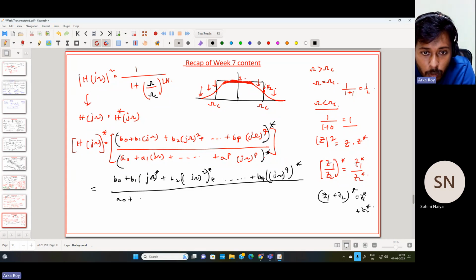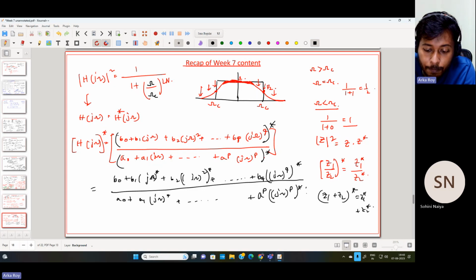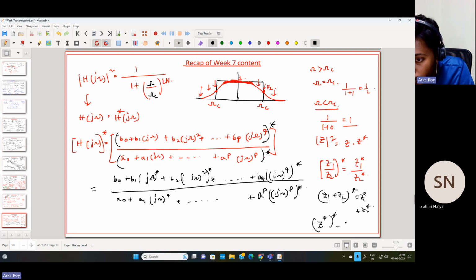Likewise in the denominator I can do the same operation: (jω) star plus up to ap (jω) to the power p, and then I take the star. And by the second property, I have skipped the last step: z to the power p, if I take the star, will be the same as z star to the power p. So I can just take the star operation inside.